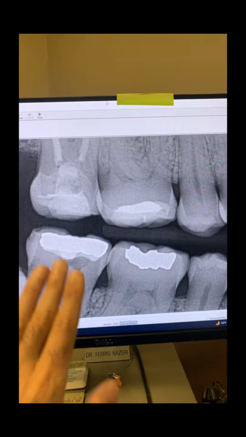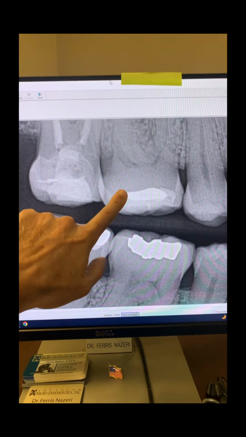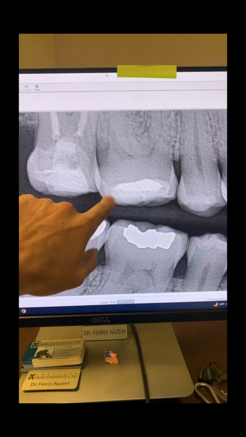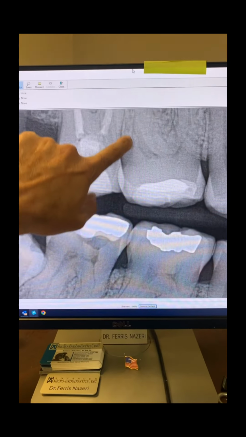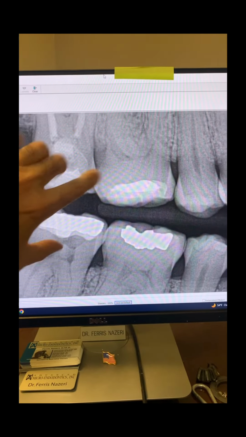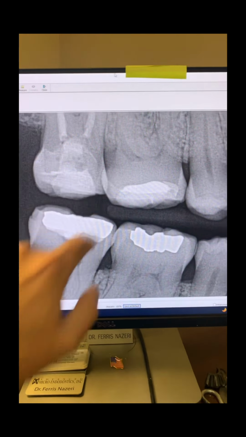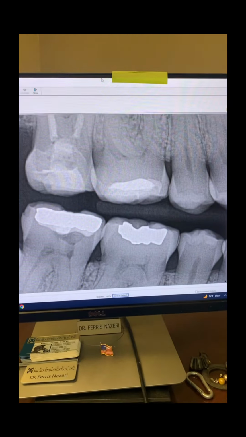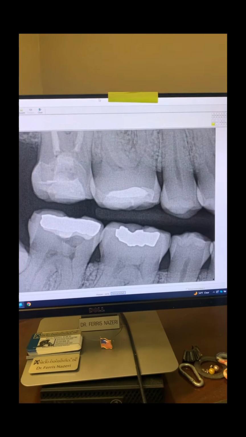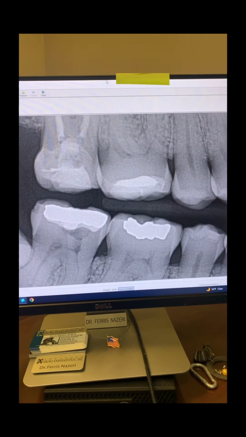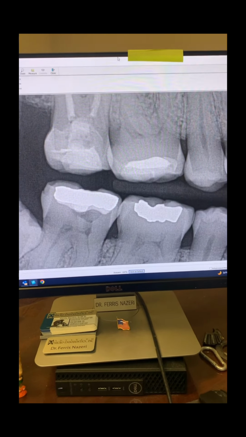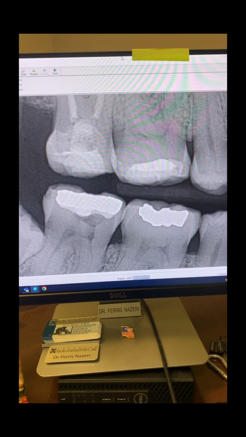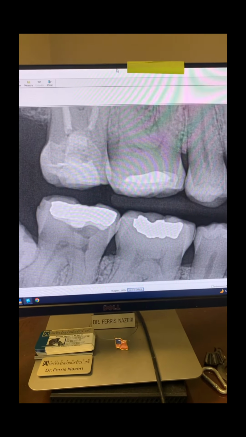All right, now let's say this patient goes back to the general dentist, or you're the general dentist, and you clean out the decay very carefully and you fill this tooth. Patient comes back a few days later and tells you that the tooth is sensitive to cold. And you ask the patient, how long does it take for the cold sensitivity to go away? Patient says a few seconds, 2 or 3 seconds.